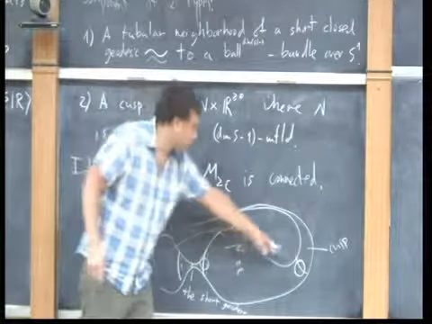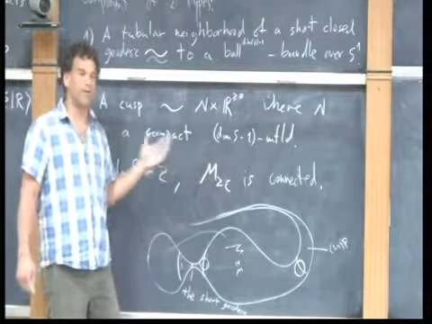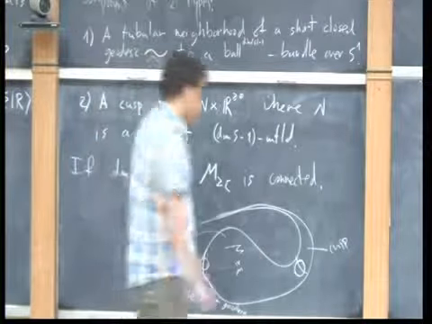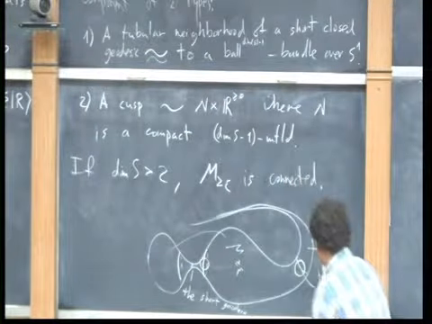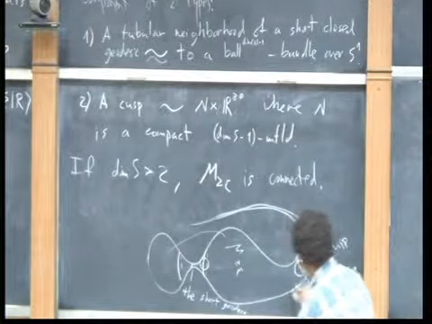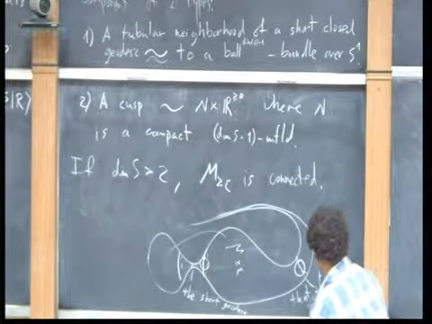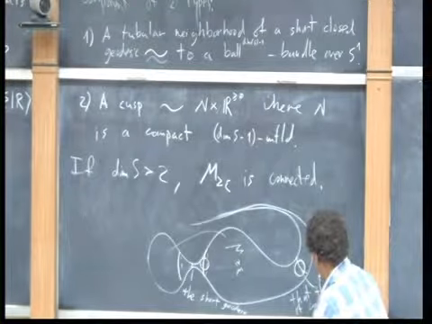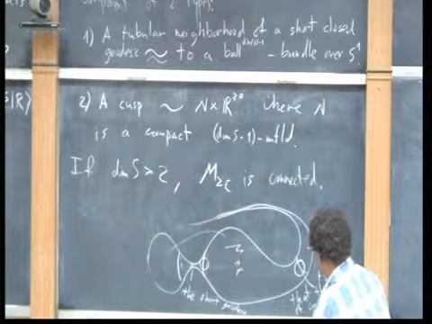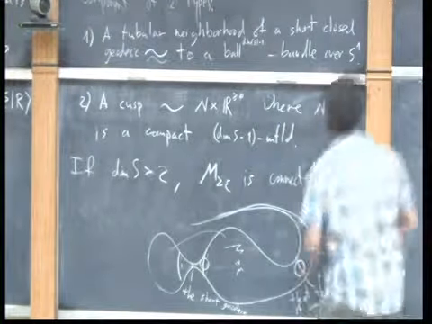So it means that each connected component contributes some definite amount to the volume, so the number of components is bounded linearly by the volume. So these balls are the reason that the number of components is bounded linearly by the volume.